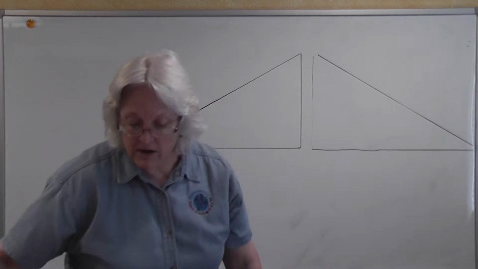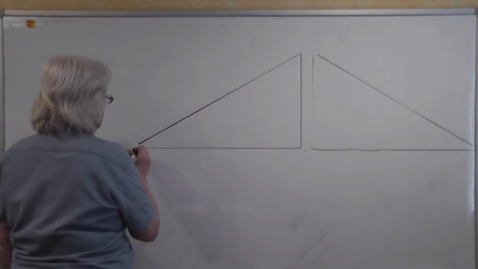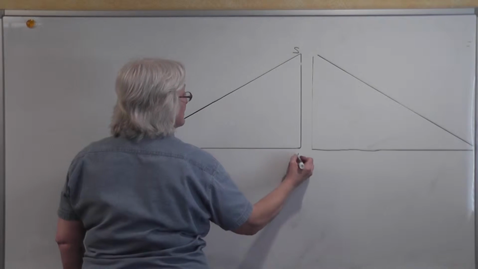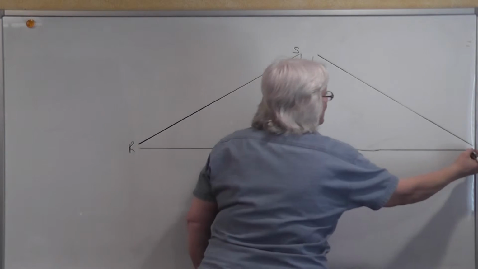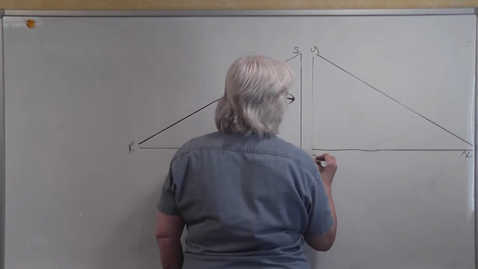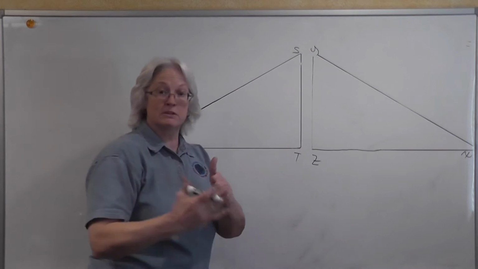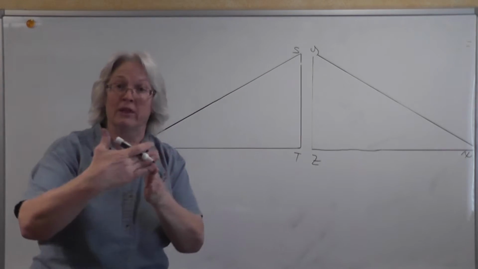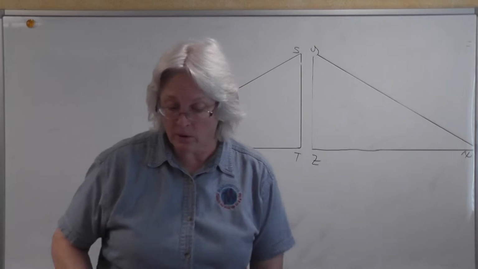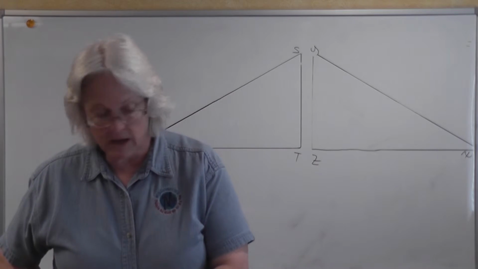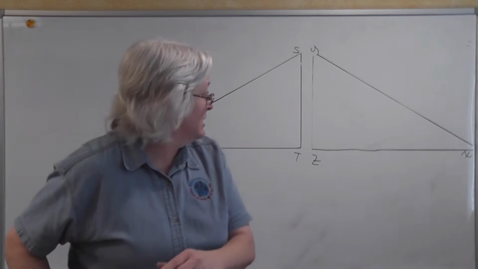Let me see how they want to do this. RST, XYZ. R, S, T, X, Y, Z. And we're going to assume that these are actually true triangles where they have a point at the end. R, S, T, X, Y, and Z.